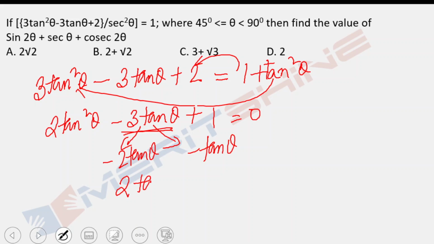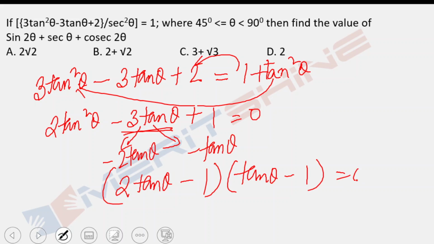One is 2 tan theta minus 1 into tan theta minus 1 is equal to 0, right? So, you can take 2 tan theta common from 2 tan square theta minus 2 tan theta, so that here we will be left with tan theta minus 1, and the same here. Here we will take minus 1 common. So, that would be clubbed together, this would be clubbed together. Now, we have two roots to tan theta.